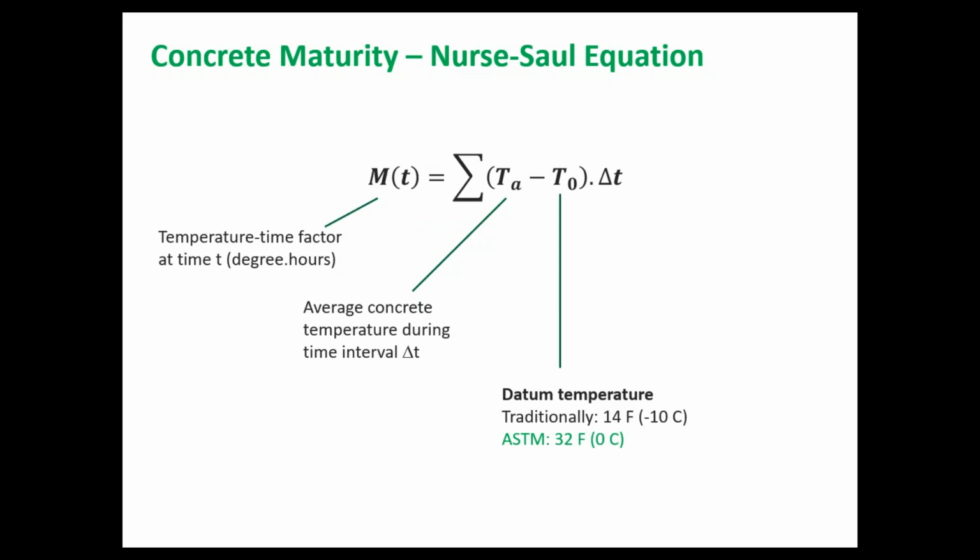T0 is the datum temperature, and as I mentioned, it is the temperature below which we're assuming no strength is developed. ASTM, as a rule of thumb, gives you 0 degrees Celsius, or 32 degrees Fahrenheit, for cement type 1 to be used as a datum temperature. Traditionally, though, it's been taken as 14 degrees Fahrenheit, or minus 10 degrees Celsius. And delta T is the time interval.